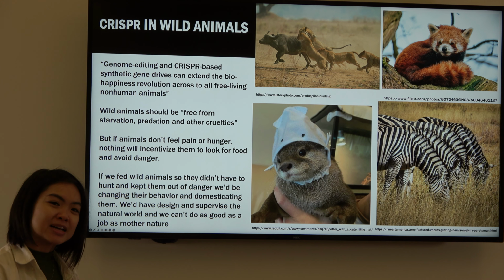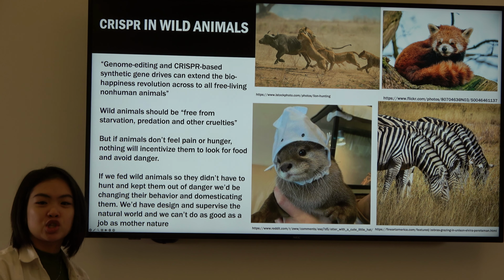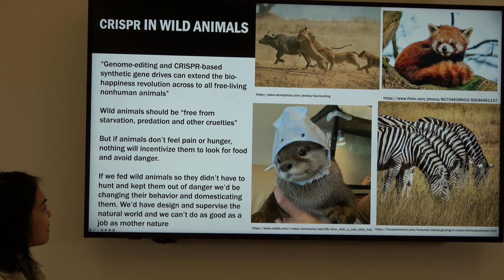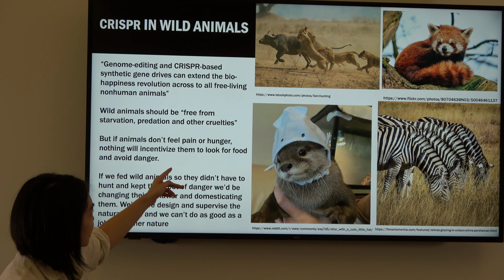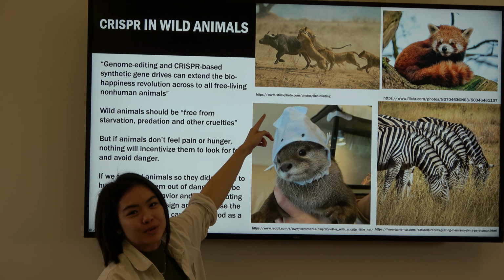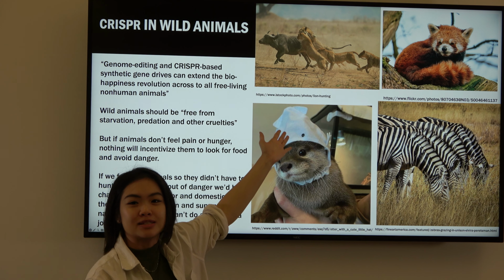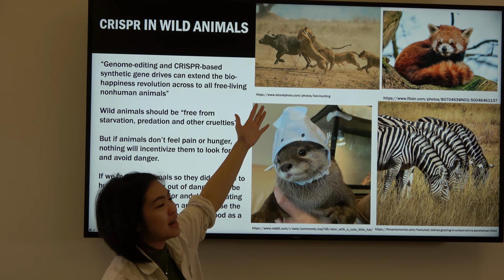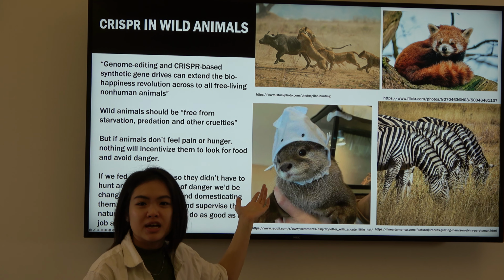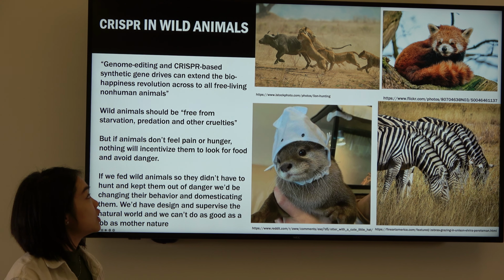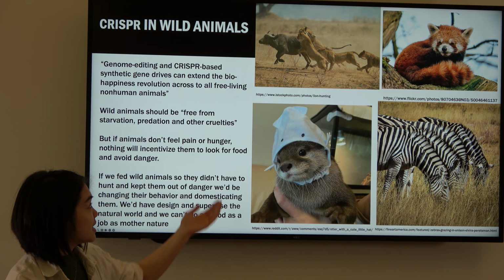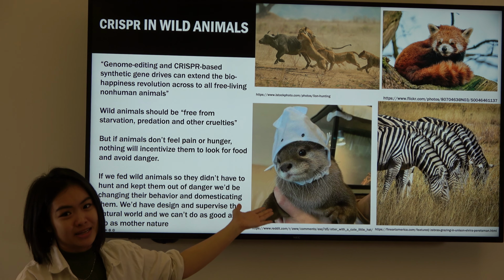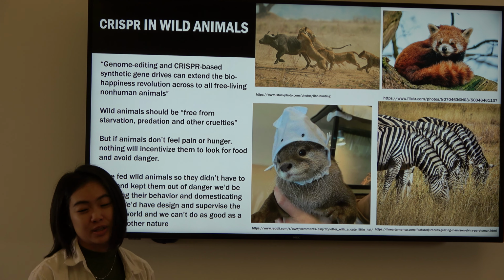And I don't think we can do as good a job as Mother Nature can. Not to mention a world free from predation, but then you have carnivores. So then where are the lions going to get their food from if they're not hunting this ox over here? I mean, I guess David could argue that you give the lions lab-grown meat, but then again, that's not entirely plausible.